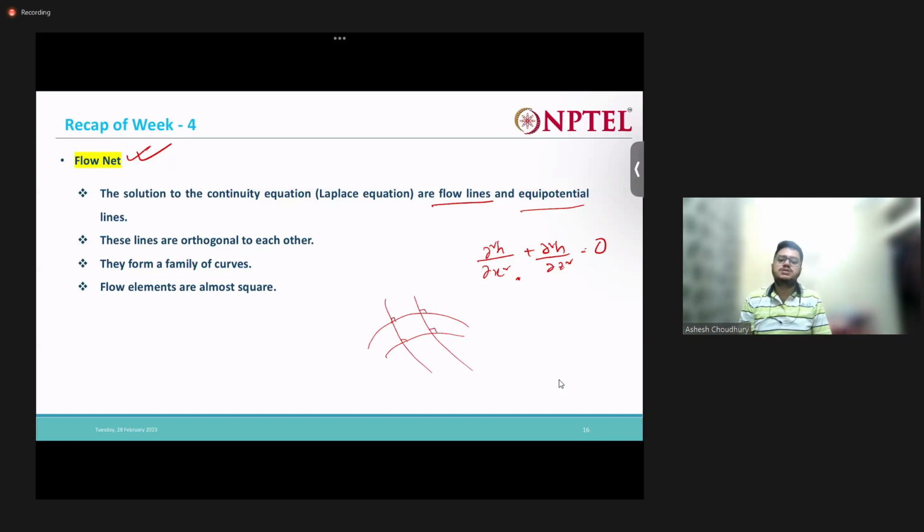Also they almost always form a square. So this region is always a square. These are known as flow elements, and these flow elements are always square, right?